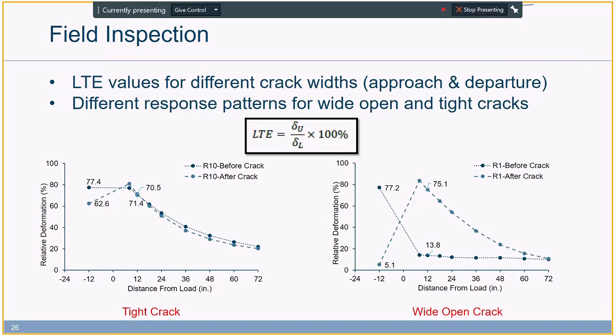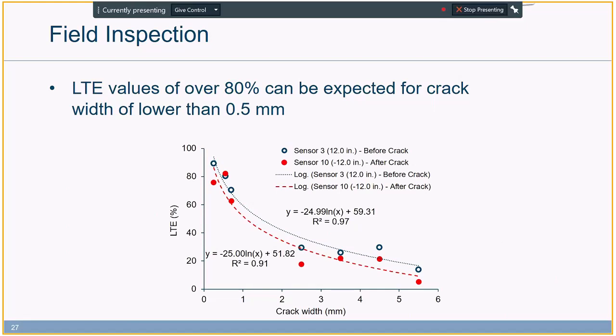So we decided to try and quantify the LTE, load transfer efficiency, as a function of crack width. Here I have a summary: crack width on the horizontal axis and the average LTE numbers on the vertical axis. As you can see, there is a decreasing trend as we have an increase in crack width.